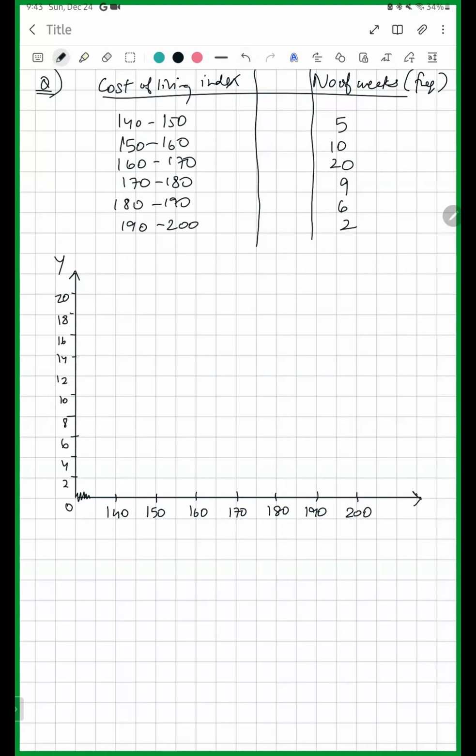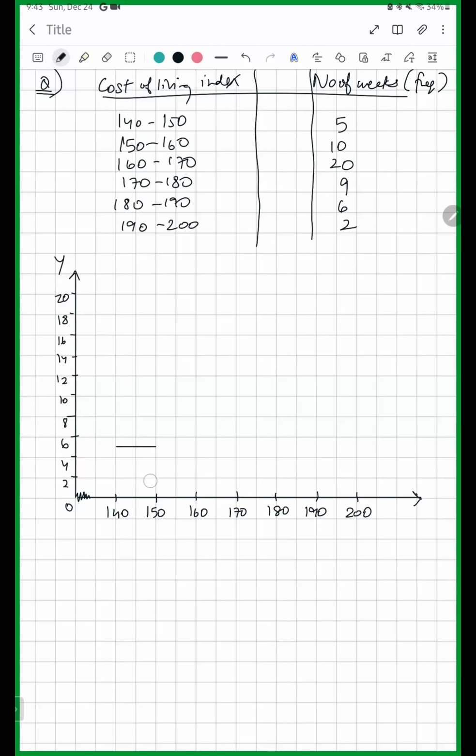Okay, so from 140 to 150, it is 5. So from 140 to 150, we have to mark 5 here, because this is what our histogram means.